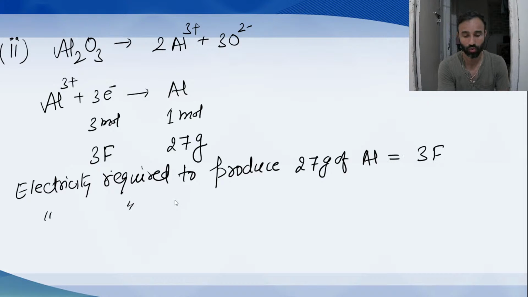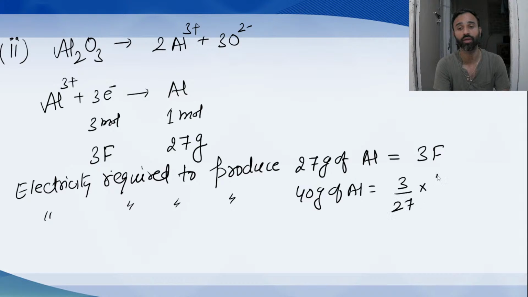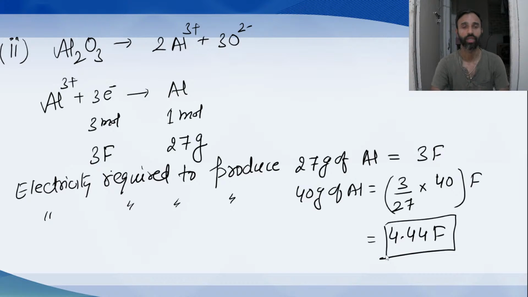So electricity required to produce 40 gram of aluminium is 3 by 27 into 40. That is 120 by 27, that is 4.44 Faraday. So that is question 13 part 2. Yes, beta, any doubt up to this?